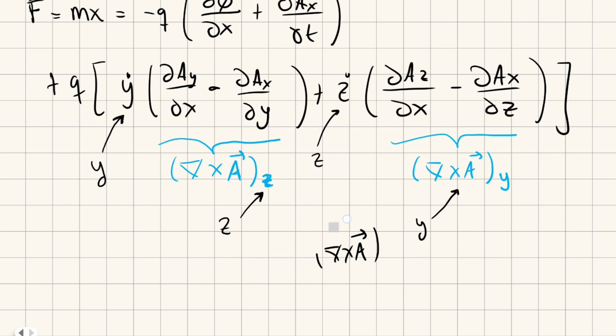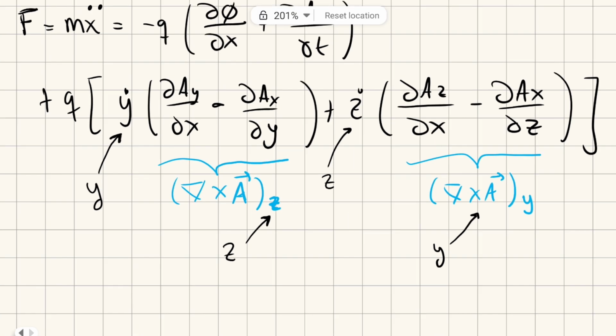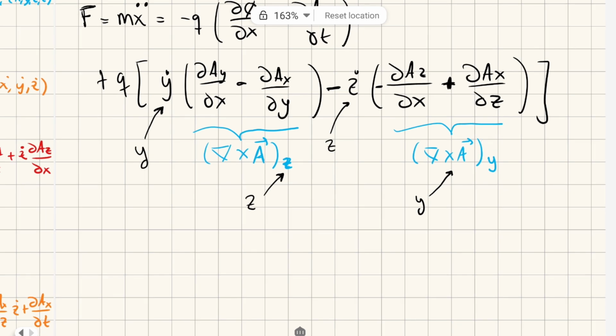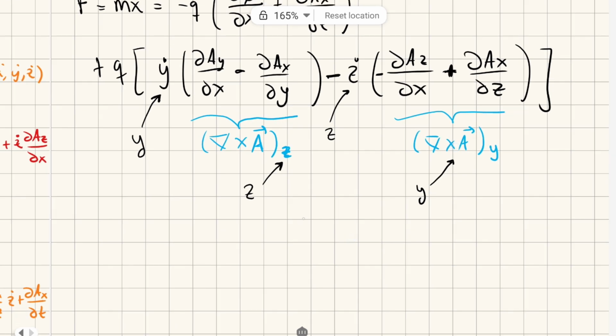Notice that the curl used to have a minus here, to calculate a component of the cross product, but that is not a problem, because we can just take a minus here and then a plus sign here. So we can immediately identify this as the x component of the cross product between the velocity and the curl of the vector potential.